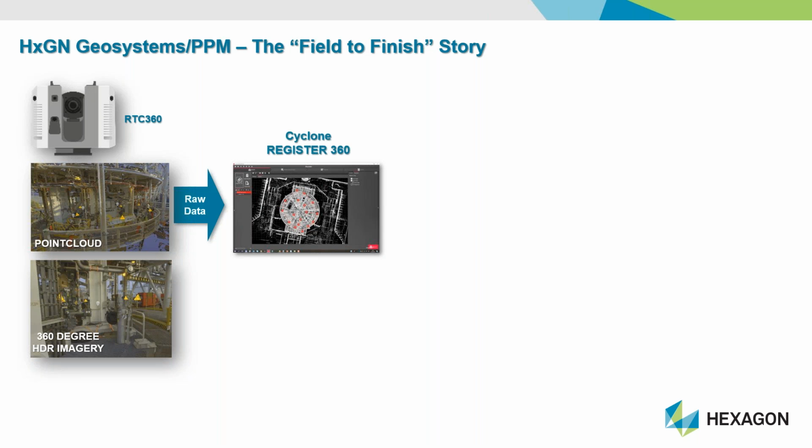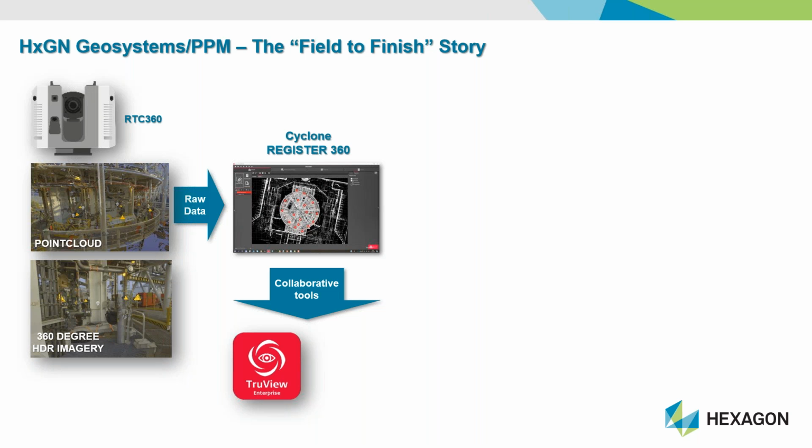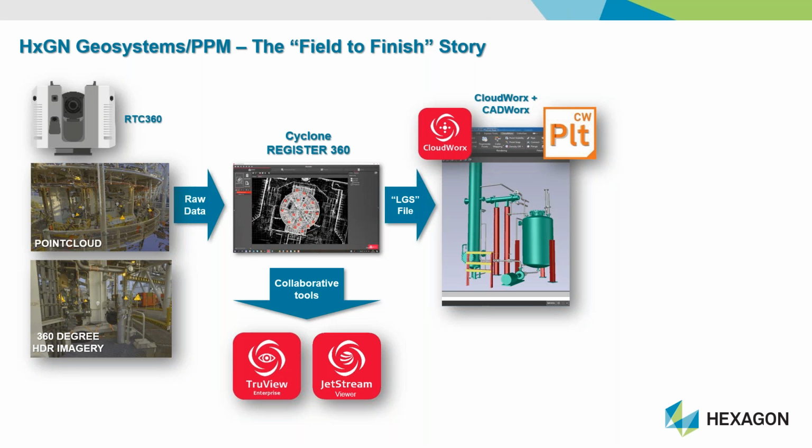We process that data in Reg 360 to create other deliverables such as the collaborative tools, TrueView Enterprise. We showed you the live demo, and also Jetstream Viewer, this free-of-charge viewer to hook into Jetstream Enterprise data or the LGS files. And then importantly, that digital handshake over to the Hexagon PPM solutions and also CADWorx with the LGS file.